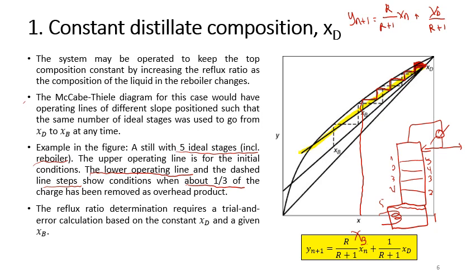of XB. Then you must have a target of what is the final value of XB that you want to achieve. So keeping the XD constant, you have to vary the value of R. When you vary the value of R, let's say you move the operating line to here.